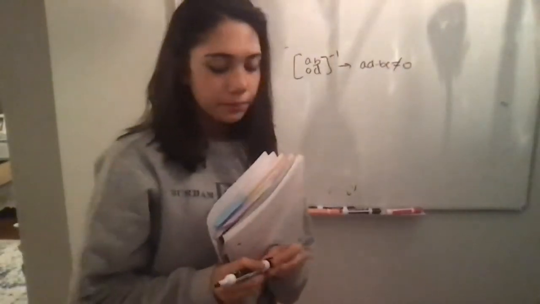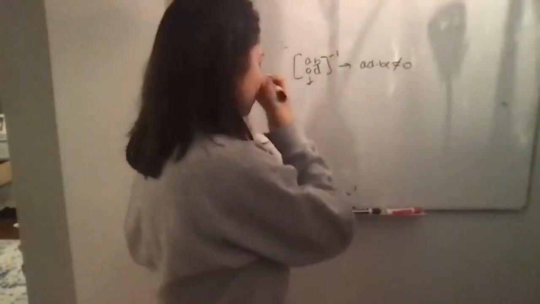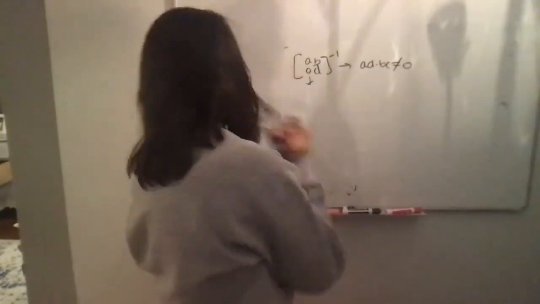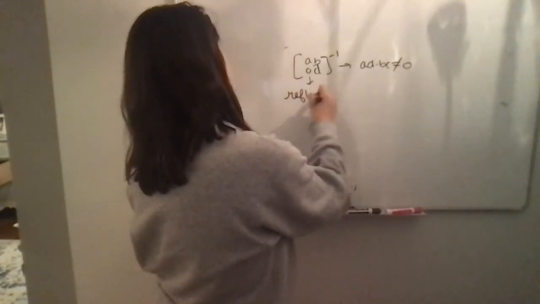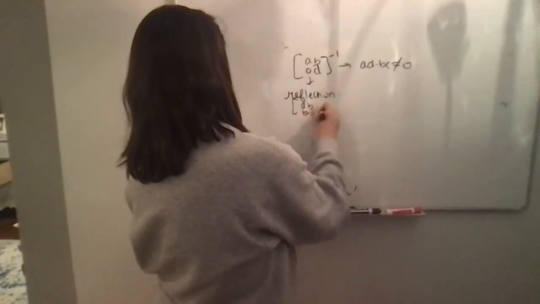We learned that theorem in the last chapter and we proved it. I'm not going to go through the entire proof, but that means that to determine if things are invertible, we can find the determinants. So for example, is a reflection invertible? Well, we've got A, B, B, negative A.